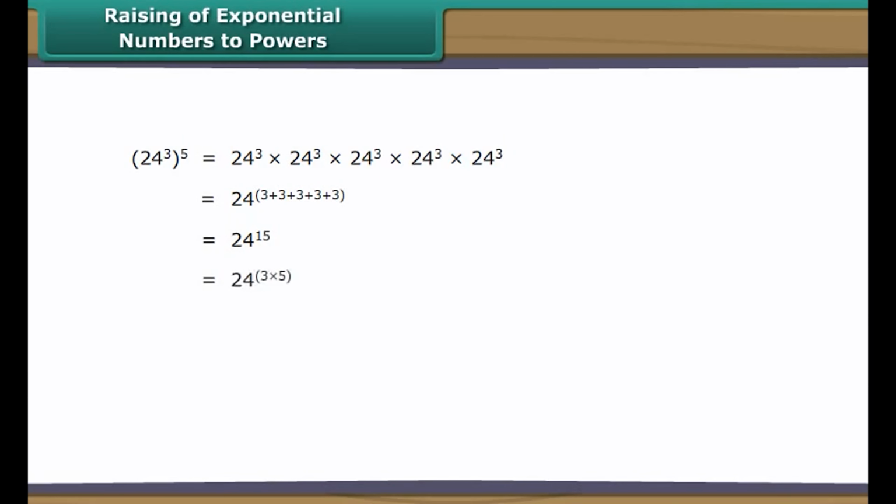Similarly, 24 raised to the power 3 raised to the power 5 is equal to 24 raised to the power 3 into 24 raised to the power 3 into 24 raised to the power 3 into 24 raised to the power 3 into 24 raised to the power 3, which equals 24 raised to the power 3 plus 3 plus 3 plus 3 plus 3, which is 24 raised to the power 15, which is equal to 24 raised to the power 3 into 5.